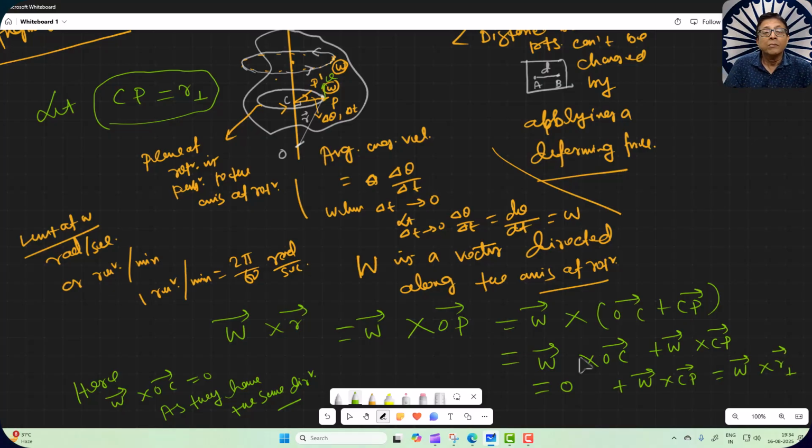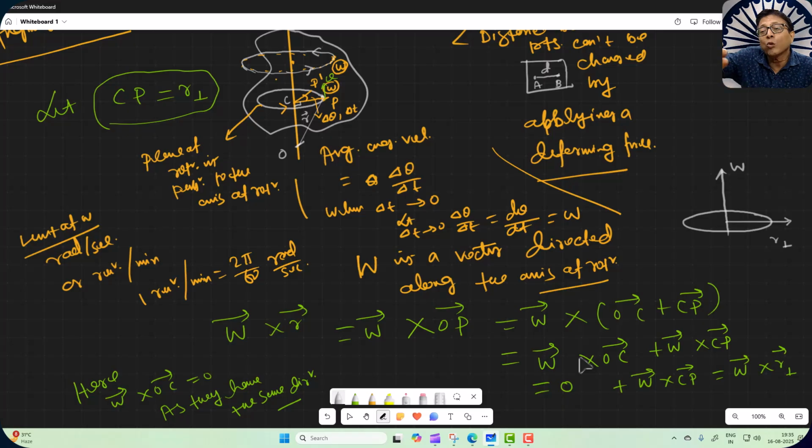Okay? Now omega is along the axis of rotation. r perpendicular is in the radially outward direction. If I take the circle here, for your better understanding, we have taken omega in this direction and r in this direction, r perpendicular in this direction.